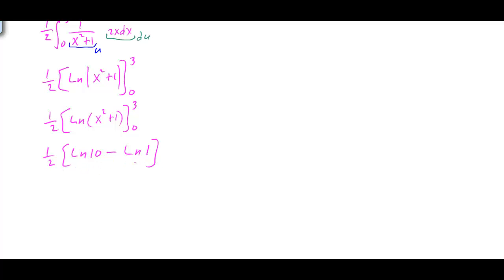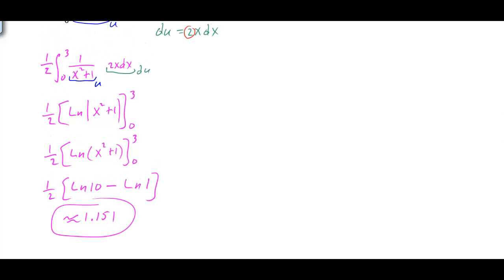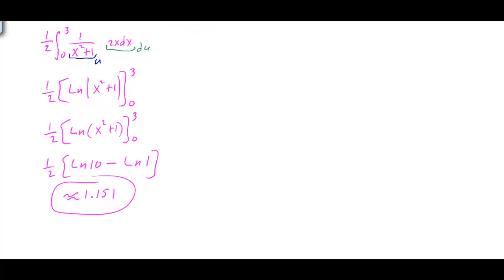And of course you can put this in the calculator and come up with a decimal of approximately 1.151. Okay? So again, we're trying to fit the form of du over u in order to have our natural log.